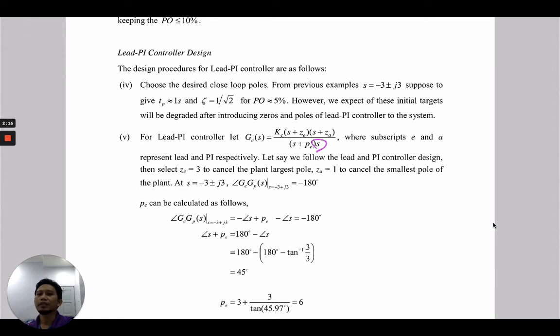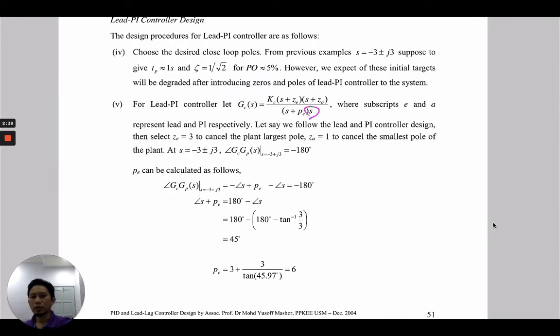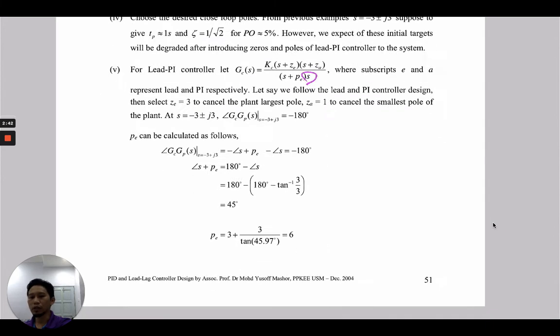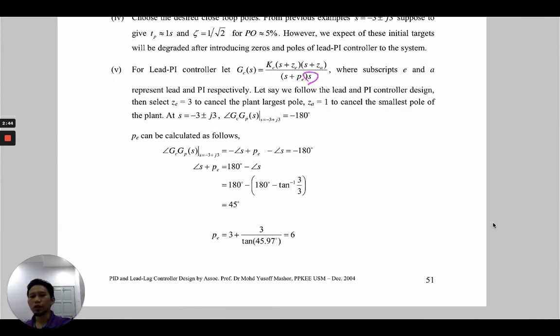Let's say we follow the lead and PI controller design. We select ze equals 3 to cancel the largest pole of the plant, and za equals 1 to cancel the smallest pole of the plant. At the closed loop poles -3 plus minus j3, we can find the angle of the resultant pole. We calculate pe using the formula of the summation of zero angles minus the summation of pole angles.